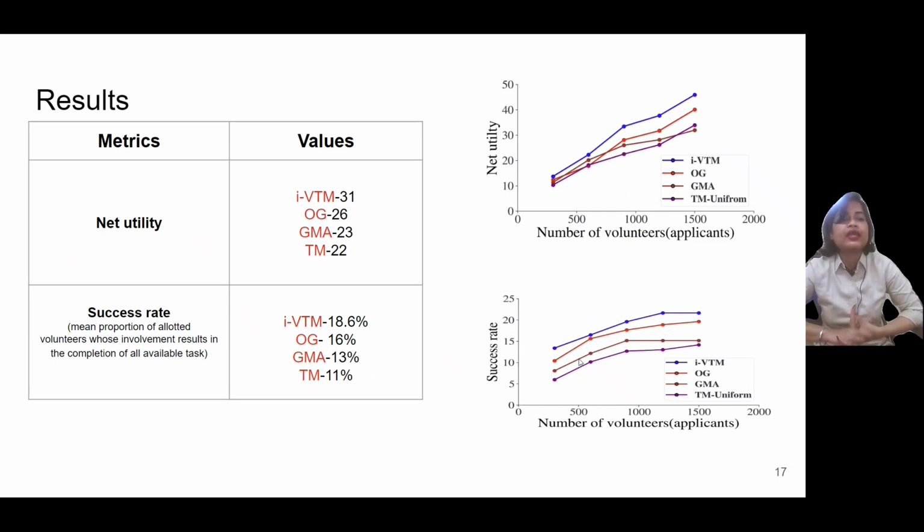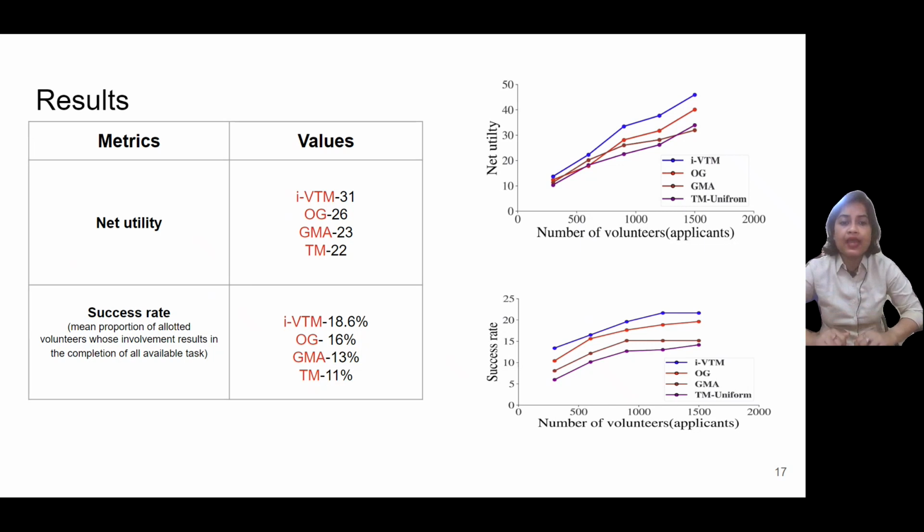Next comes the result. Net utility. i-VTM chooses the most skilled workers from the pool and matches him or her with the nearest task, while OG picks up any random incoming worker and matches him with the task that gives the highest utility. Thus, it is intuitive that the most skilled worker will naturally leverage the highest utility out of all the potential ones.